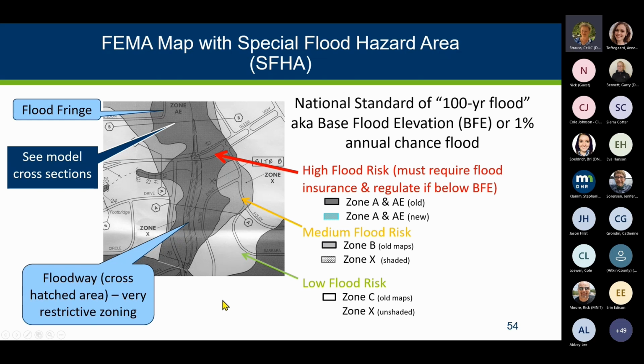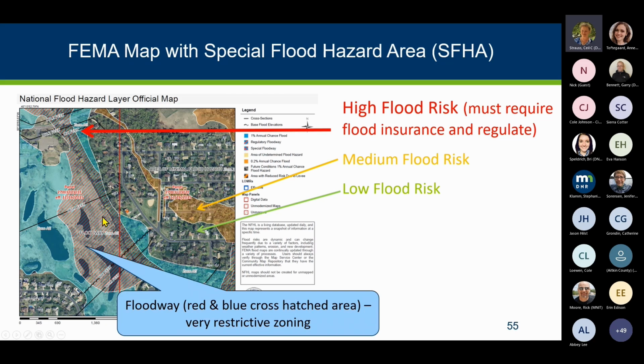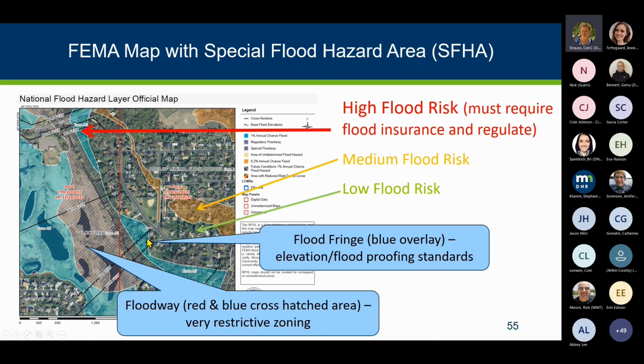On the newer map, the floodway is this red and blue crosshatched area, and the flood fringe is the more solid blue area. And the cross sections here, they're a little harder to read in this slide because when you zoom in on the FEMA interactive maps, they make those darn fonts of the information smaller on you.